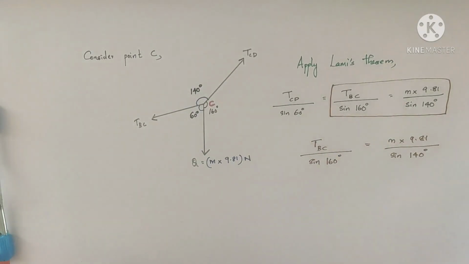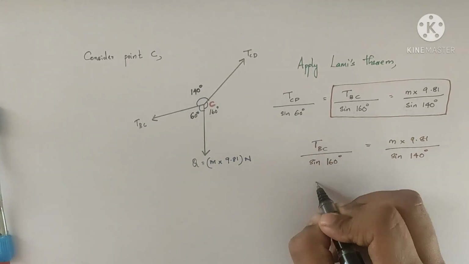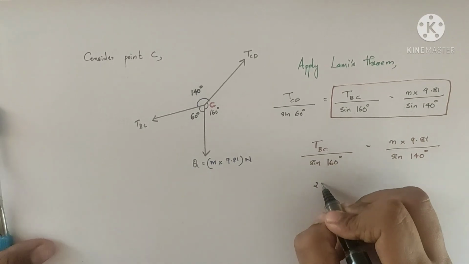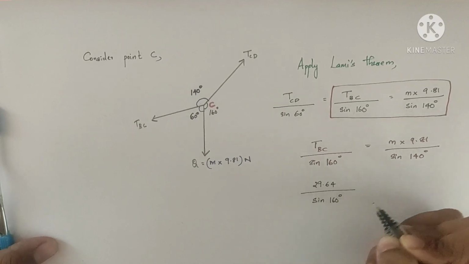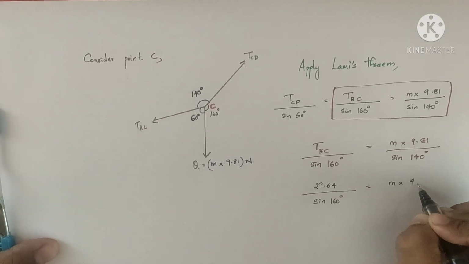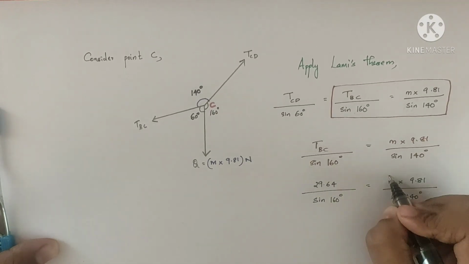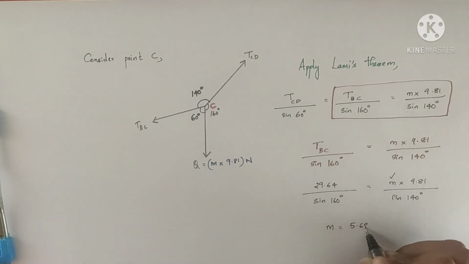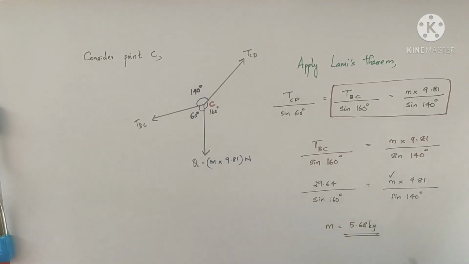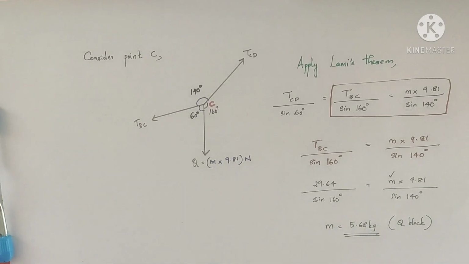Substitute the value for TBC, that is 29.64 by sine 160 degree is equal to M into 9.81 by sine 140 degree. Calculate the value for mass. M is equal to, we can calculate it and we'll get 5.68 kilogram. This is the mass of block Q. Okay. This is a solution.